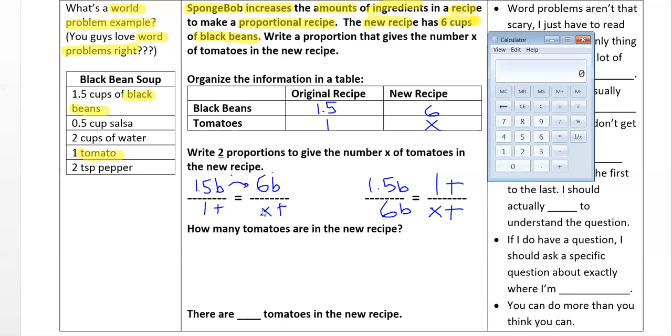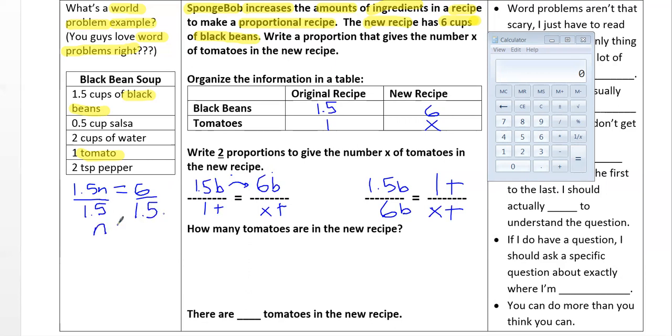You need to multiply by some unknown number. So 1.5 times n is equal to 6. How do I solve for that unknown number? You divide both sides by 1.5.